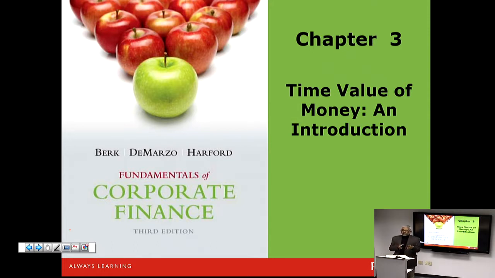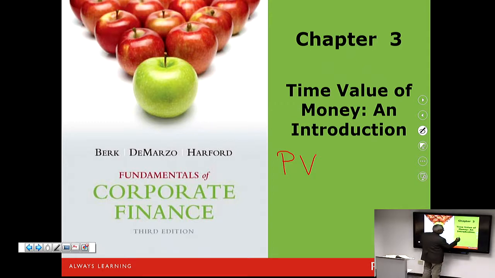So either I have to take the $1,000 that I have today and ask what will be the value of this a year from now, or I would have to take the 1,100 next year and bring its value back and ask what that $1,100 would be worth today.